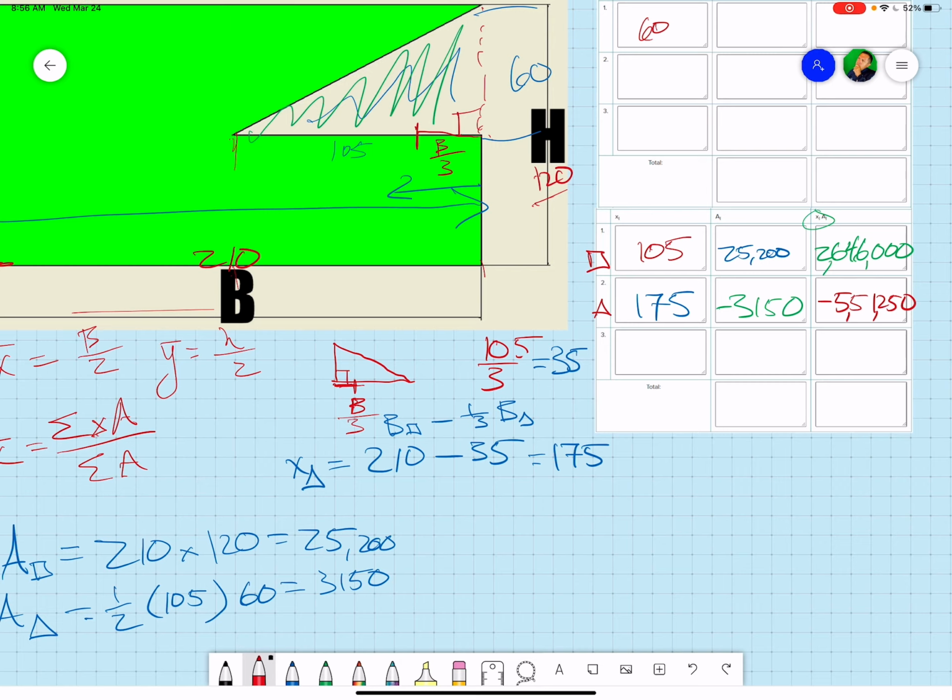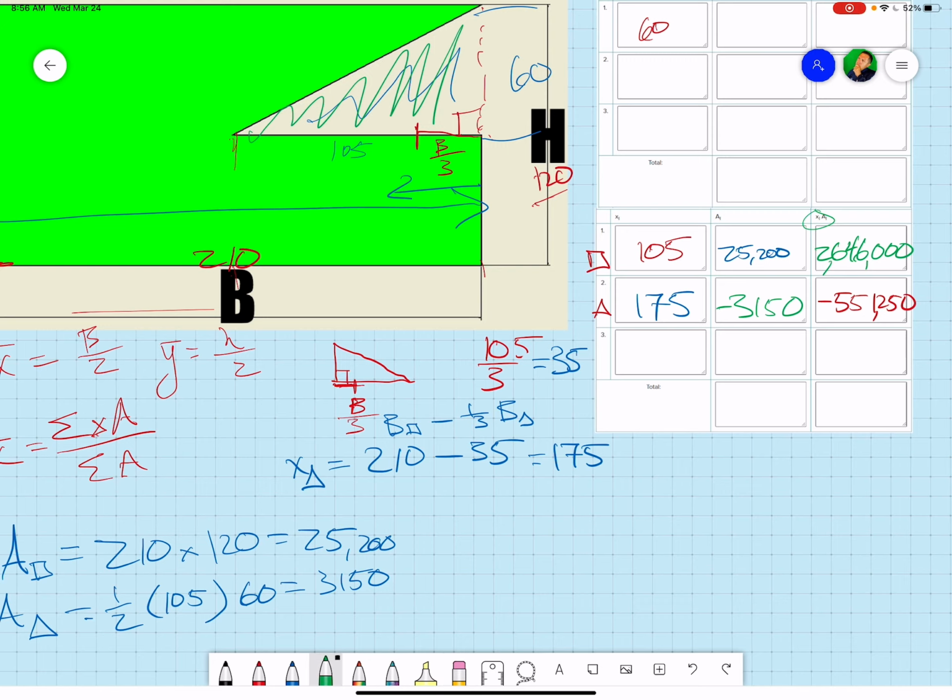Does that look right? 175 times, yeah, something's not looking right. Oh, I got my commas wrong. 551,250, I didn't have a comma there. Sorry about that.